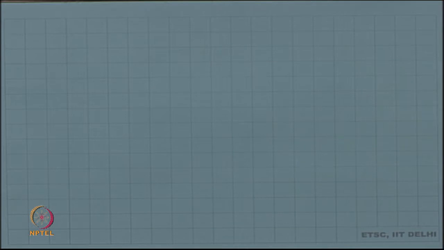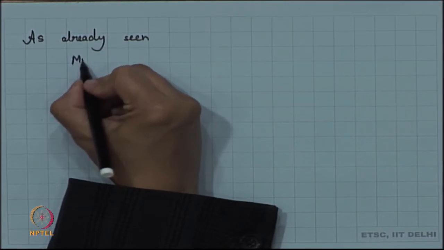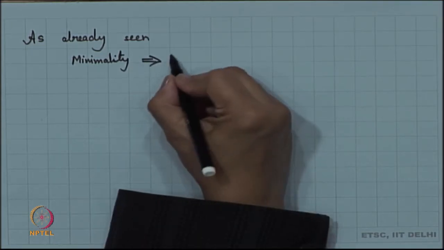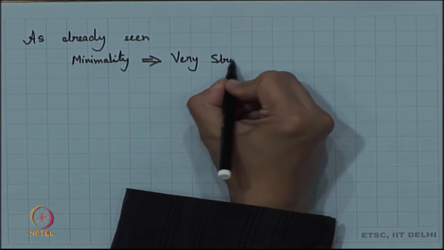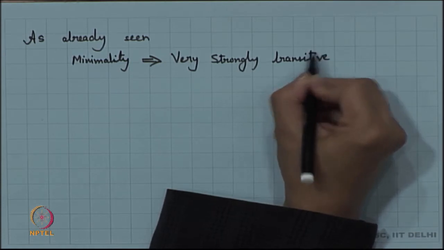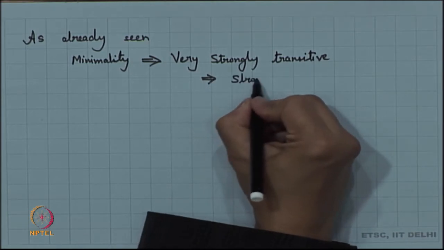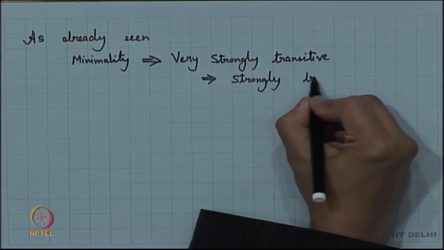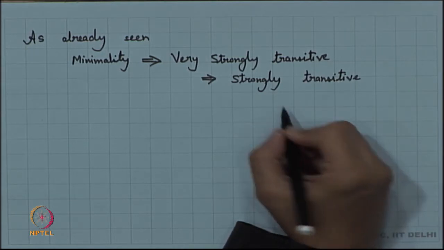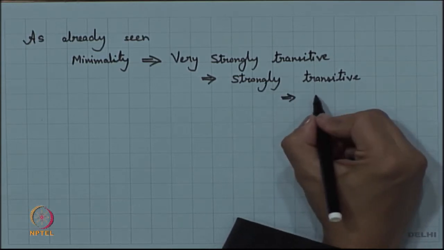So, what we have already seen is that minimality implies very strongly transitive, very strongly transitive implies strongly transitive, and strongly transitive will imply transitivity.